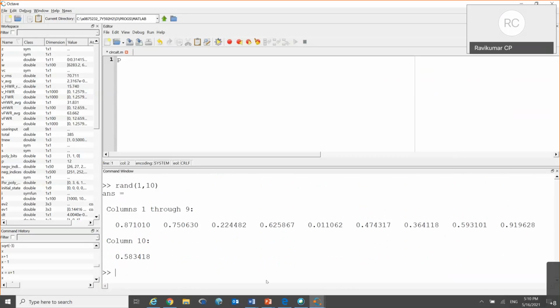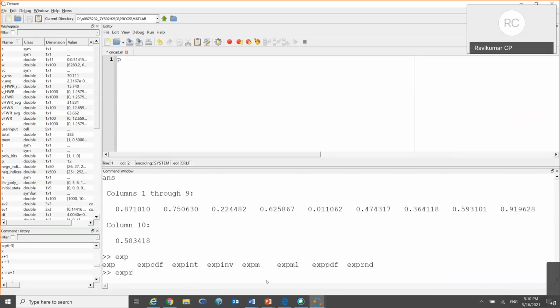If you want, let us say, an exponentially distributed random number, you can use the exponential random function. It will take as input the lambda value or mu value, whatever you call it. Let us say 10.